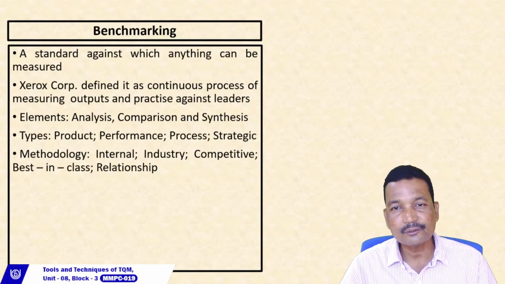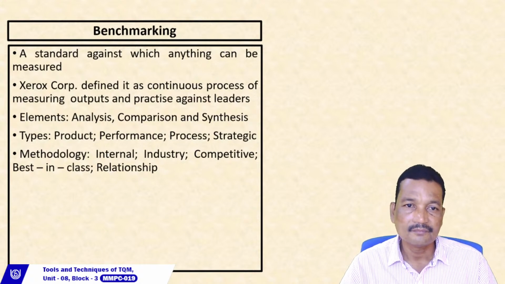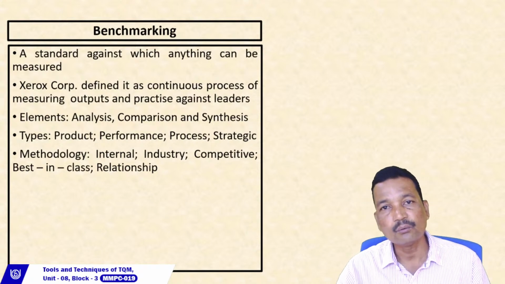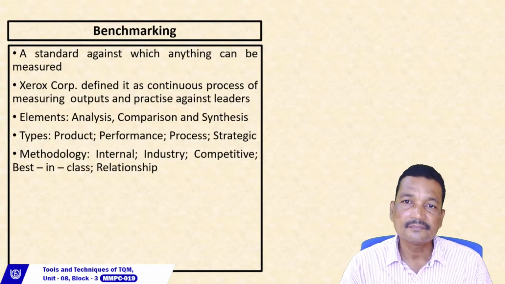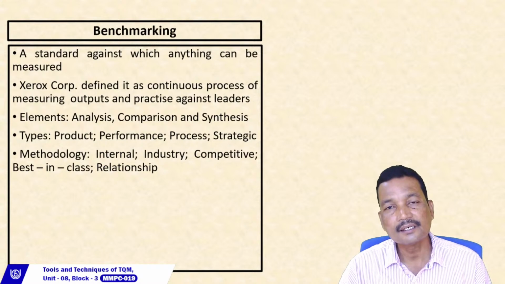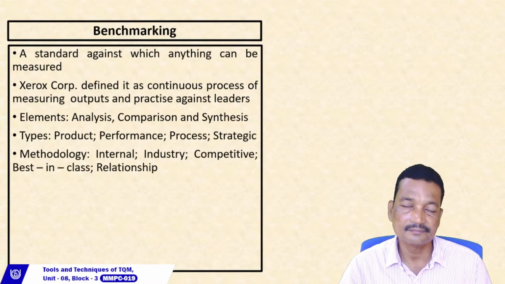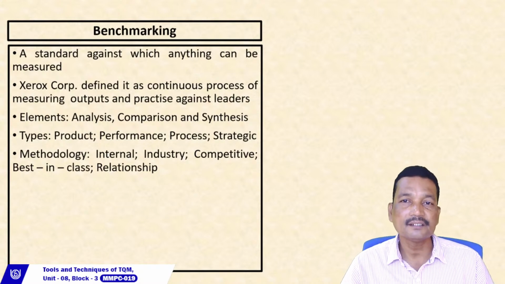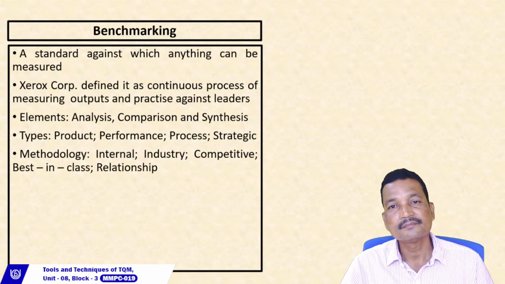So what we try to do? We try to match our activities, the actions, the process, the product with our internal subsidiaries or internal divisions, those who are producing the same products but at a different geographical location.